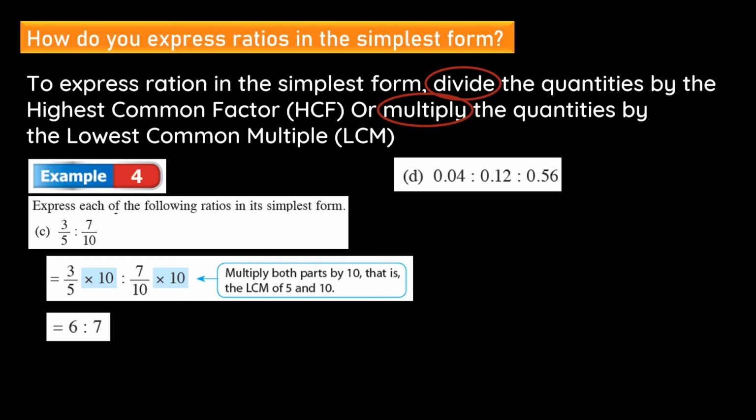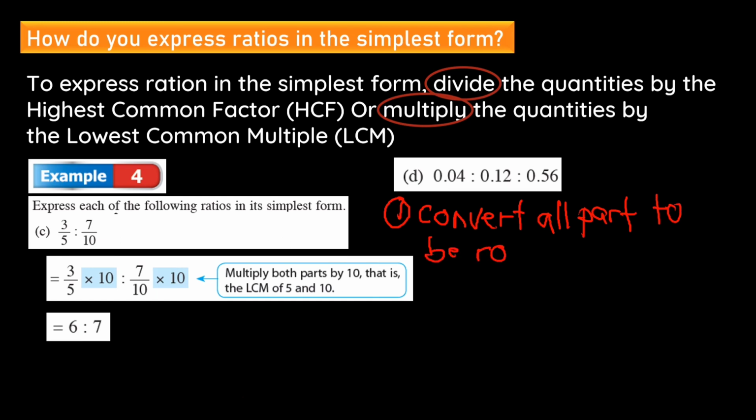What we need to do first is convert all parts to become round numbers. Since this is in decimal, we need to convert it to round numbers.